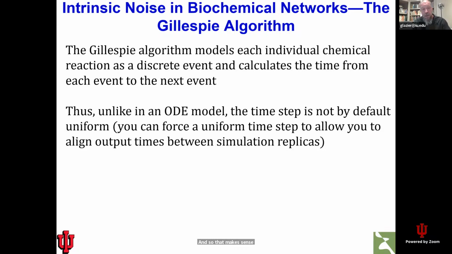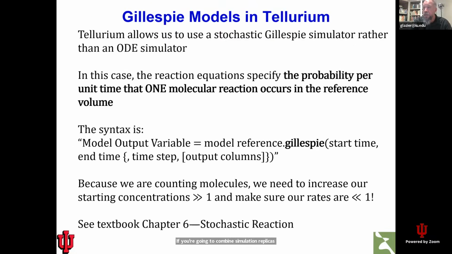As I say, there is an option to have it use fixed time steps if you prefer. If you're going to combine simulation replicas, you really need to do that. And if you're interested in the underlying science of the Gillespie algorithm, there's a good article in Wikipedia. You can go back to the original papers of Gillespie.